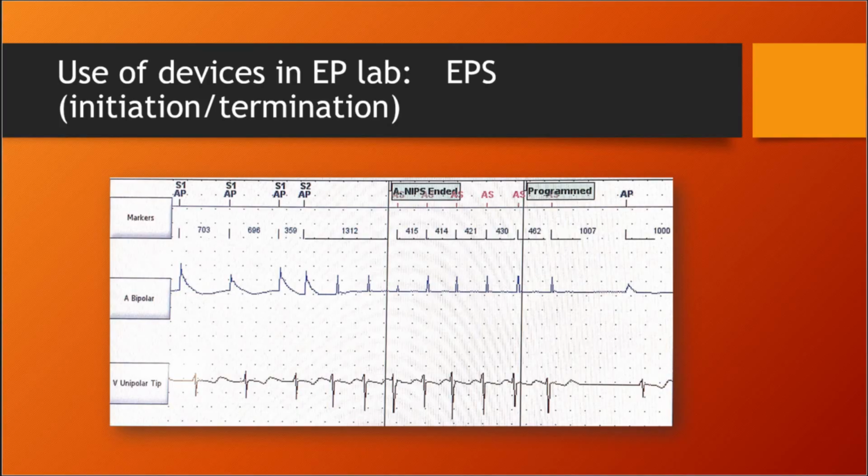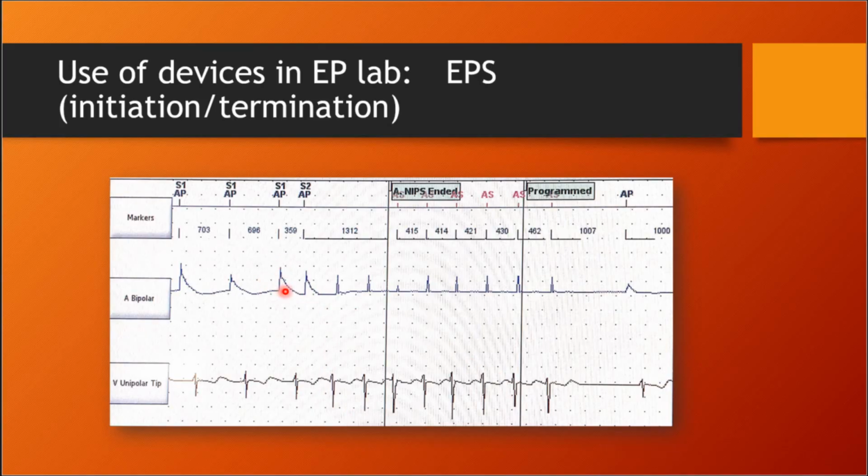If we have a look here with my marker, atrial drive of 700 milliseconds, and when we did an atrial premature beat, we could see that it conducted from the atrium to the ventricle, and the atrial premature beat actually took quite a long time to go down and conduct to the ventricle.